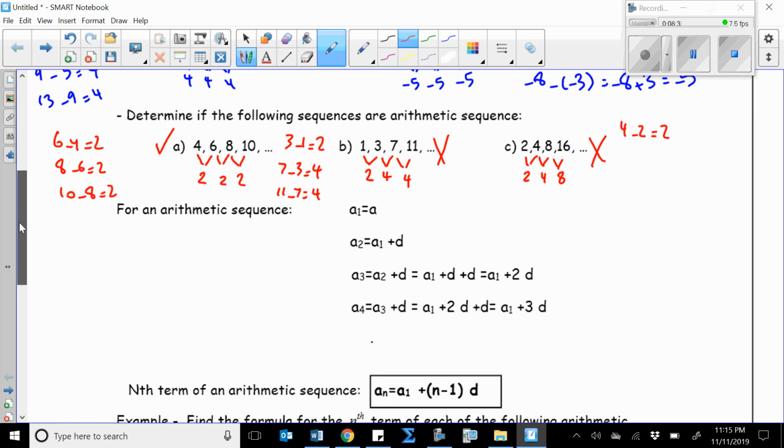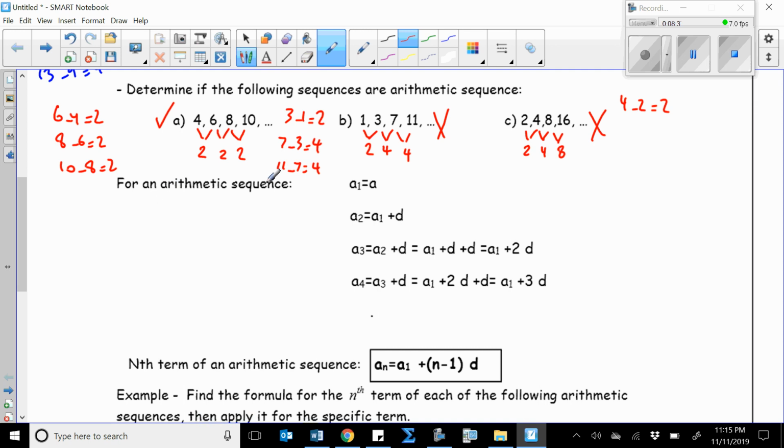Now, here we want to find the general rule for the nth term of an arithmetic sequence. I will explain here how to find the general rule of the nth term. You don't have to memorize this process. I'm just going to explain this to you to see how we get this. So see what happens that I can write this as my general rule of the arithmetic sequence.